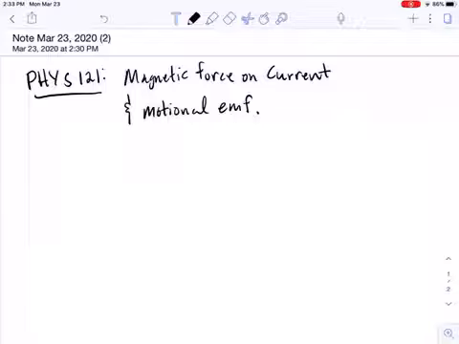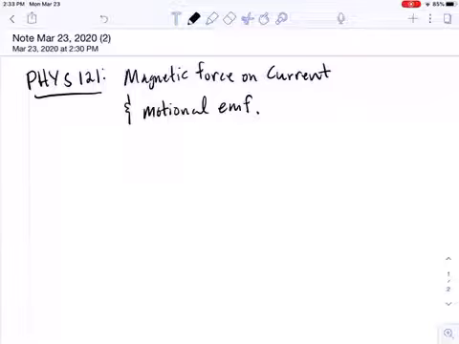So, if we pull a conductor through a magnetic field, motional EMF will result in a voltage difference across the two ends of that conductor.